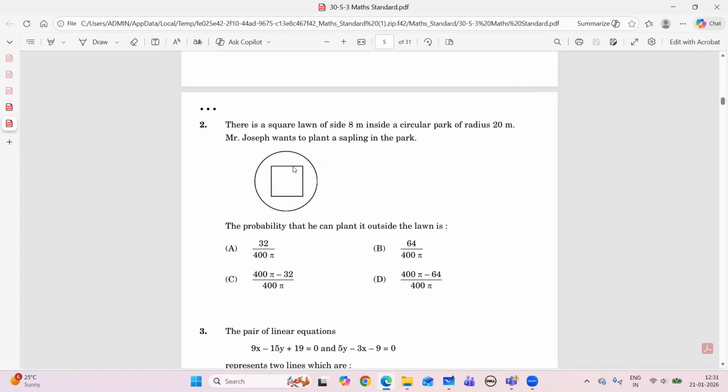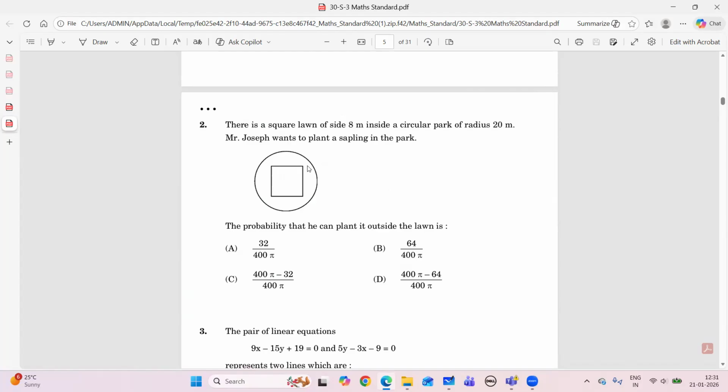Okay, so how can we? We go for the areas. We find the area of this circle, and then we find the area. See, look at this. There is a square lawn of side 8 meters. So for this square, the side is given, that is 8 meters, and the radius of the circle also is given, that is 20 meters.